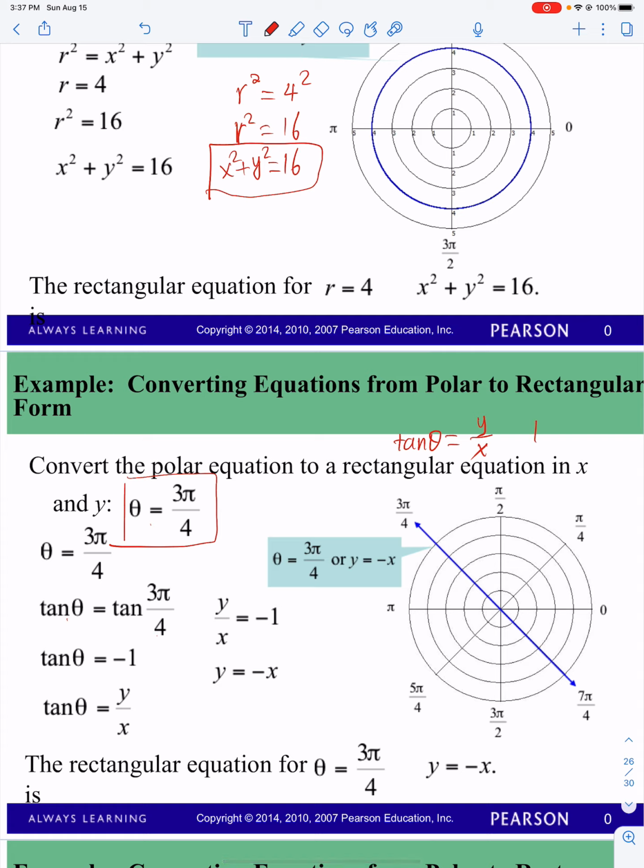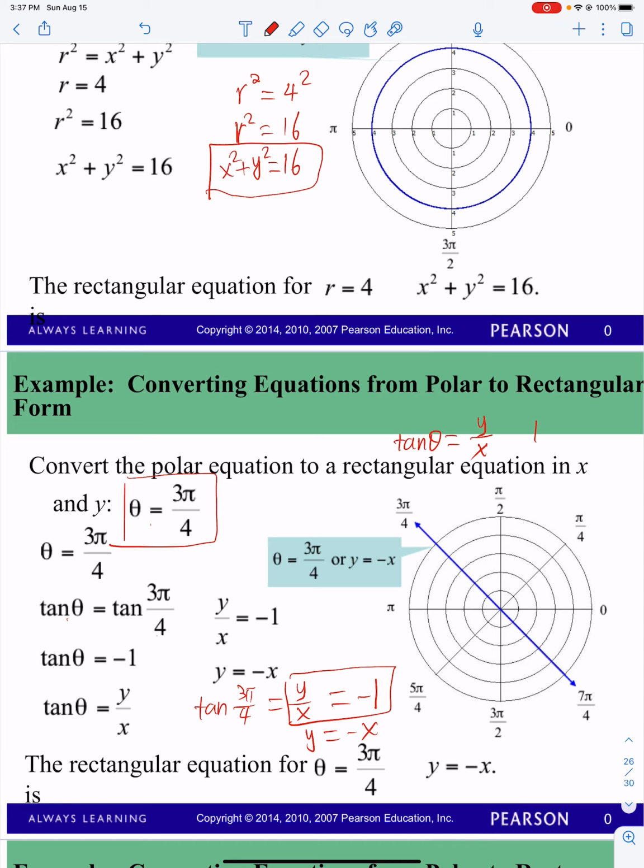Tangent of 3 pi over 4 must be equal to y over x, must be equal to what? Negative 1, yeah? So what do we have here? Y over x equal to negative 1, then y equal to what? Negative x.